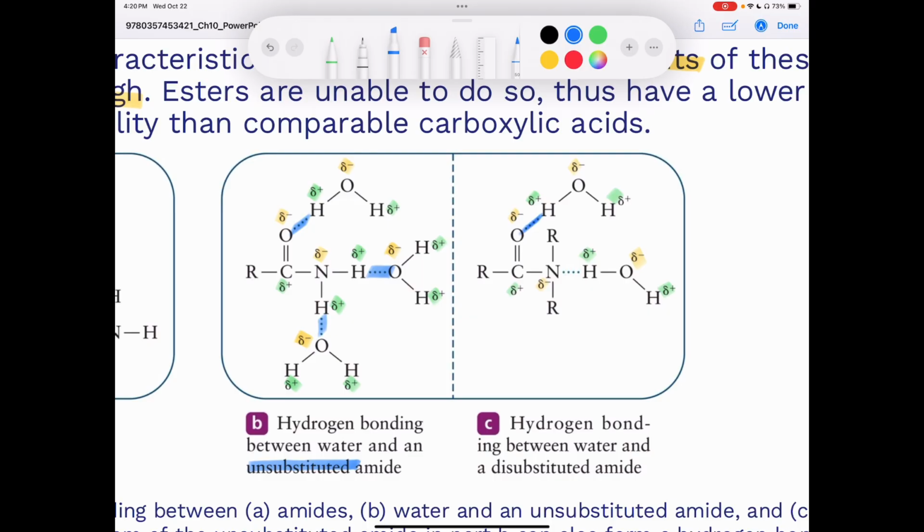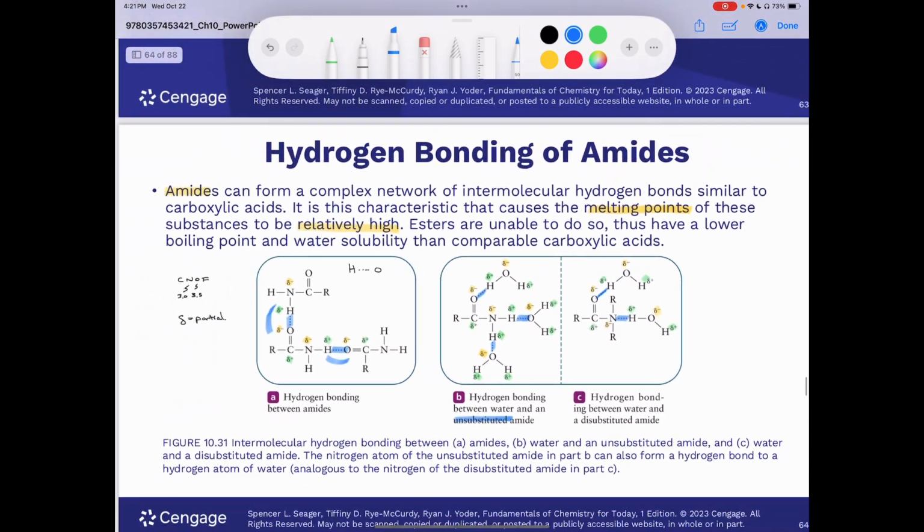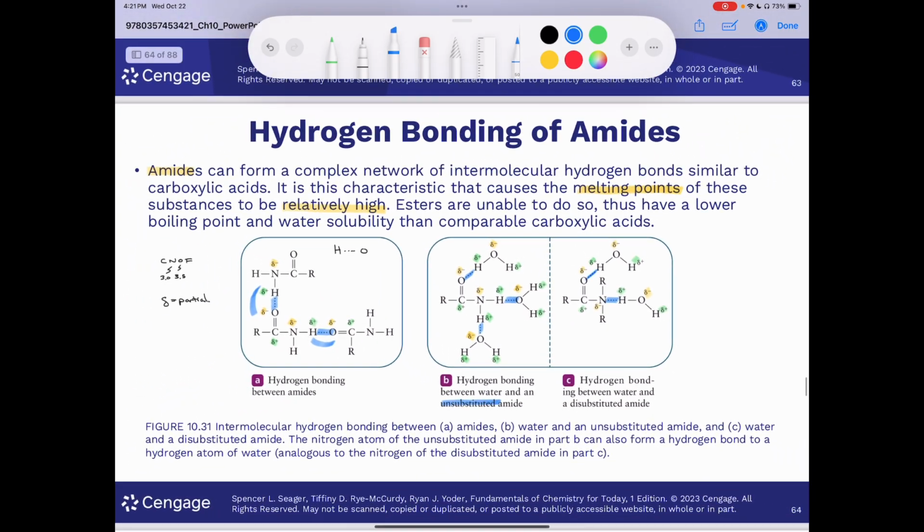One is between the oxygen of the carbonyl and a hydrogen of a water molecule, but there's another one between the disubstituted nitrogen and a hydrogen on a water molecule. And so you can see again, the amides can do this complex hydrogen bonding with water or between individual amides, as you see in the first example.